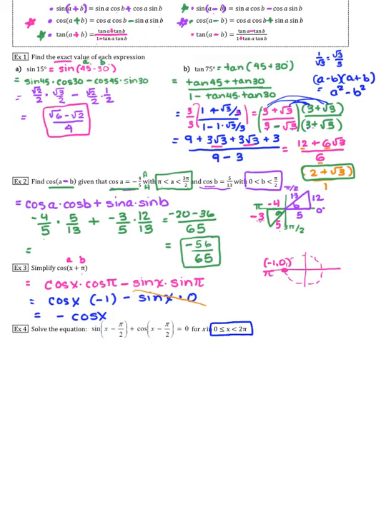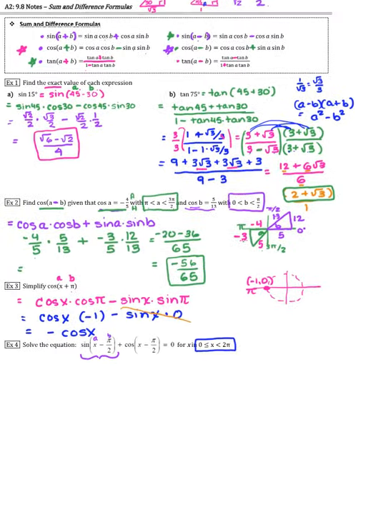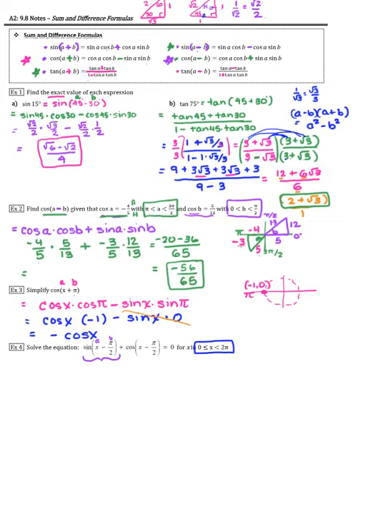So what we're going to start by doing is expanding these using the identities. So sine of x minus sine of x minus pi over 2. Here's your A, here's your B. I should probably keep your identities where you can see them up here.